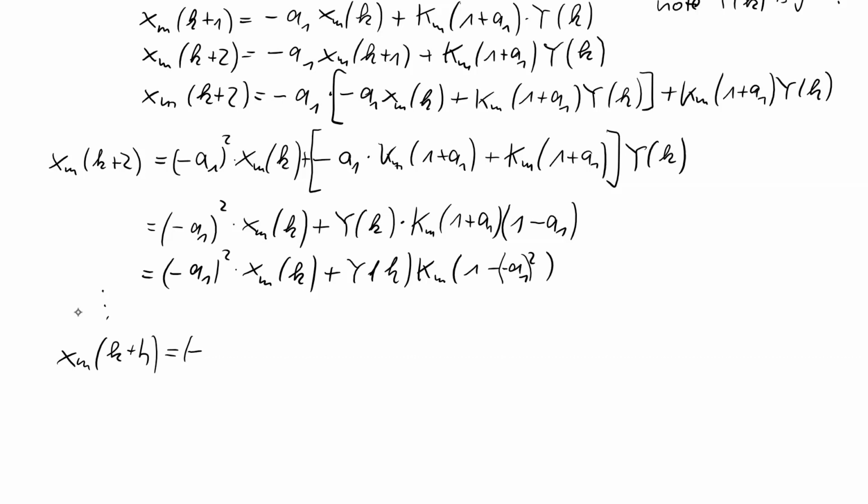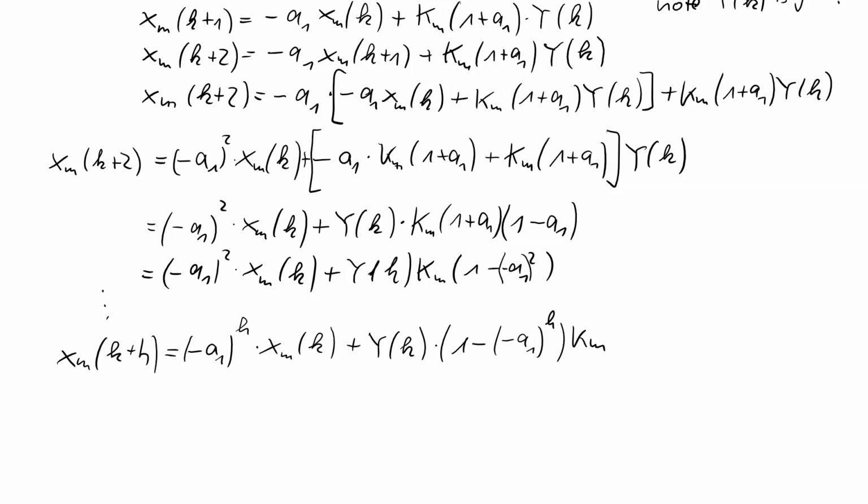We get then minus a1 to the power of h times xm of k plus y of k times 1 minus a1 to the power of h times km.